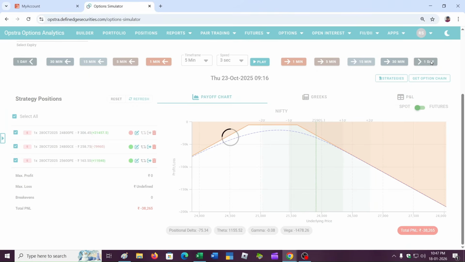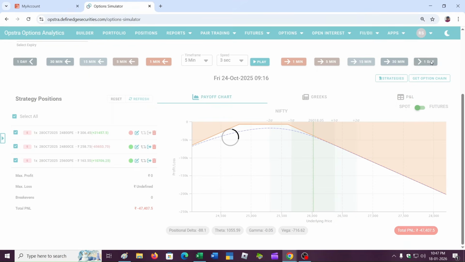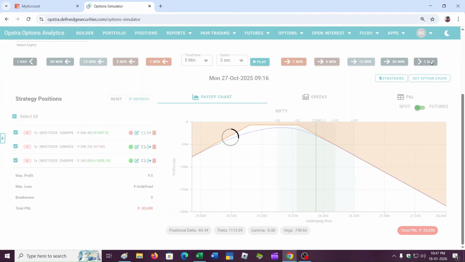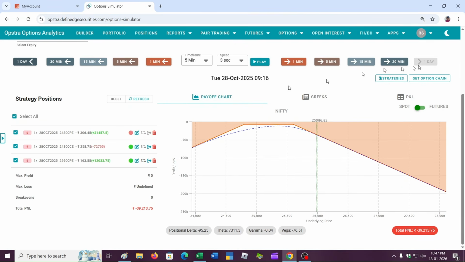20 October, 23 October, 24 October. This is giving us a very huge loss. As of 28 October, we are seeing this loss in here. On the call option, we are seeing a loss of 72,000 rupees, from which these two puts together helped us to reduce the loss from 72 to 39.